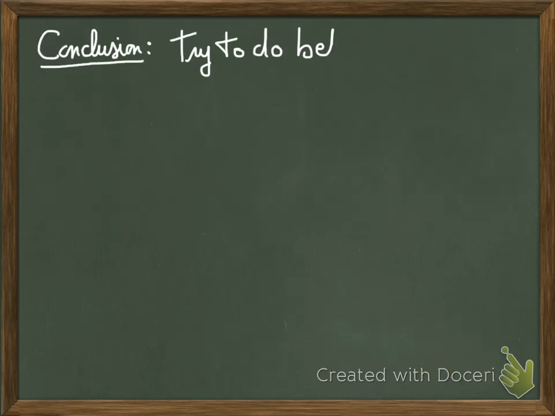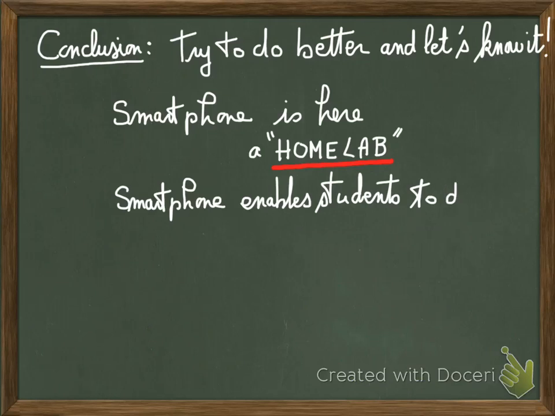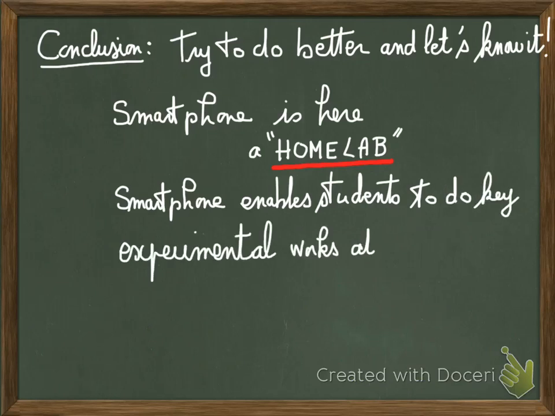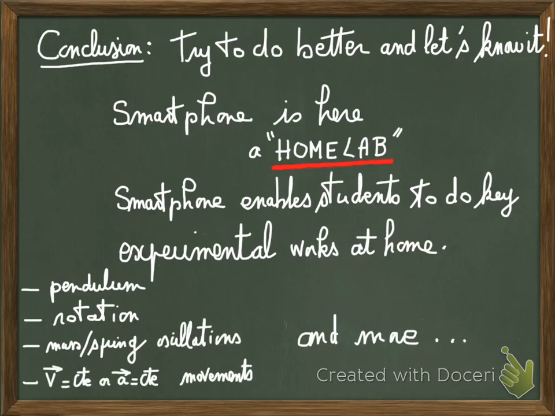So we come now to the conclusion. First, if you think this kind of experiment is worthwhile, and you try to do better, let us know how to do it, and we would be very pleased to see it. So we propose here that the smartphone is essentially a home lab for physics and for students.